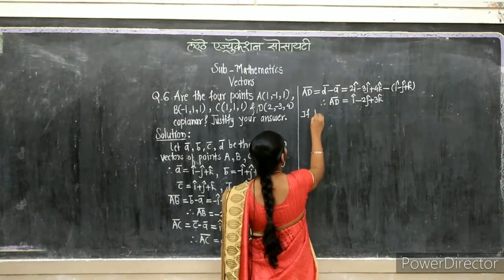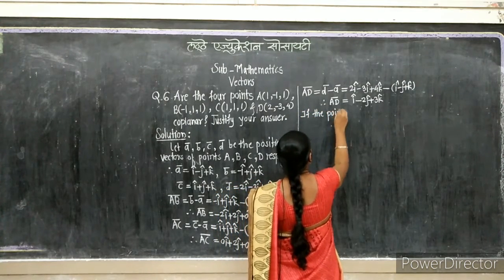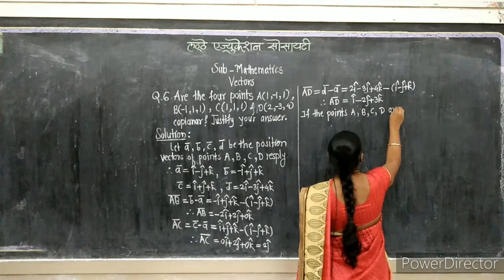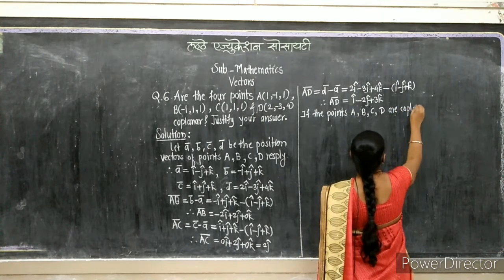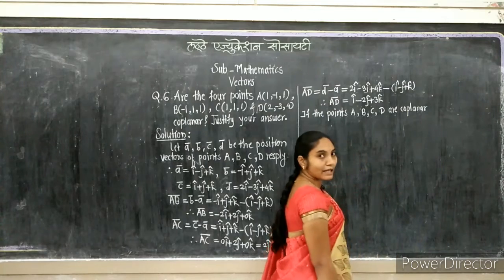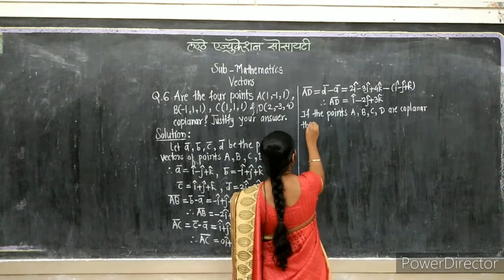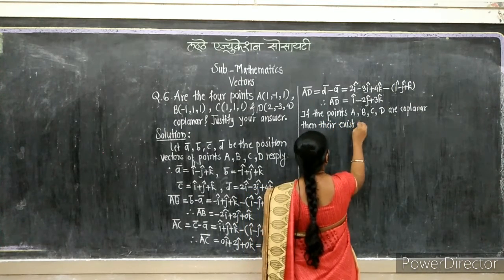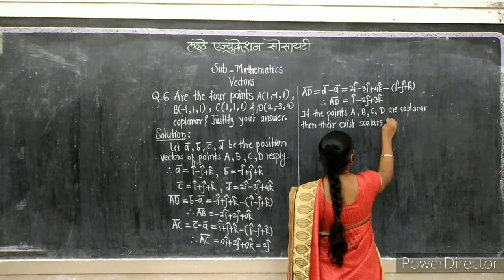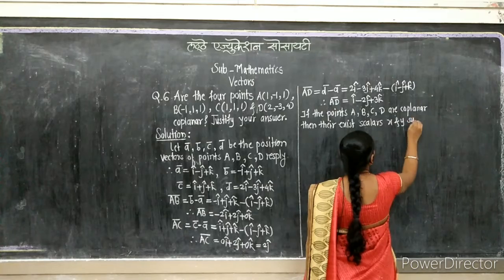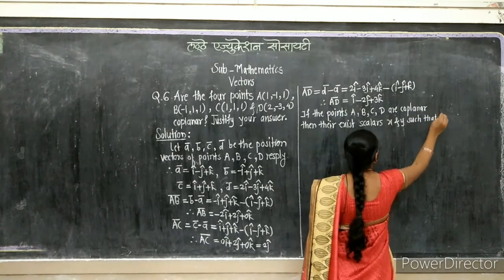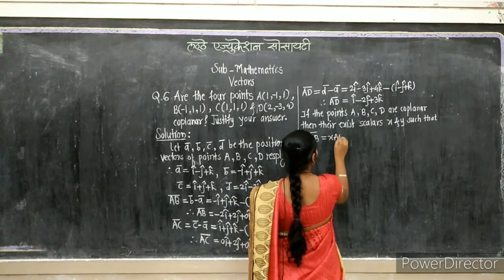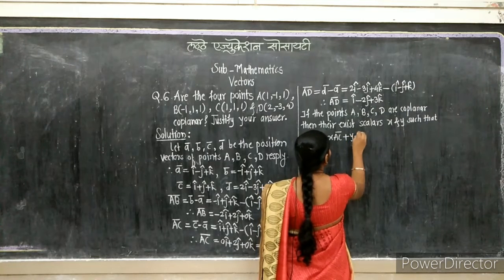If the points A, B, C, D are coplanar, then there exist scalars x and y such that AB bar is equal to x into AC bar plus y into AD bar.